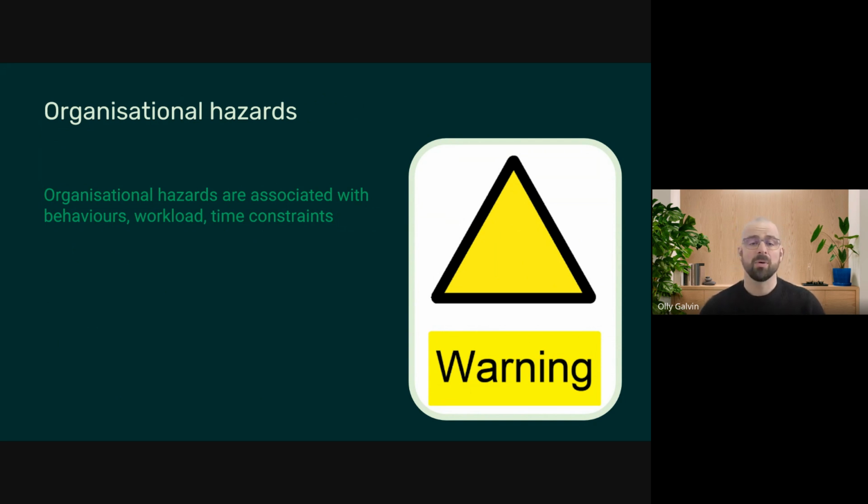Things like a lack of control over our workload, unreasonable time constraints, or potentially bullying behaviour from our managers. Loads of different organisational hazards, things that we need to think about a lot in the event industry with our very dynamic environment, really short time frames, and often quite a lot of last minute changes, which can cause a lot of stress, as I'm sure some of you know.